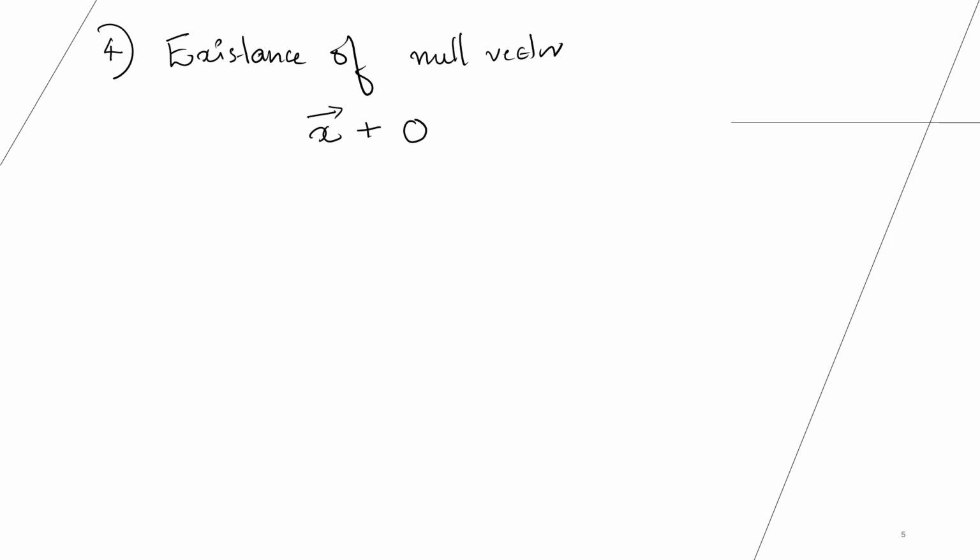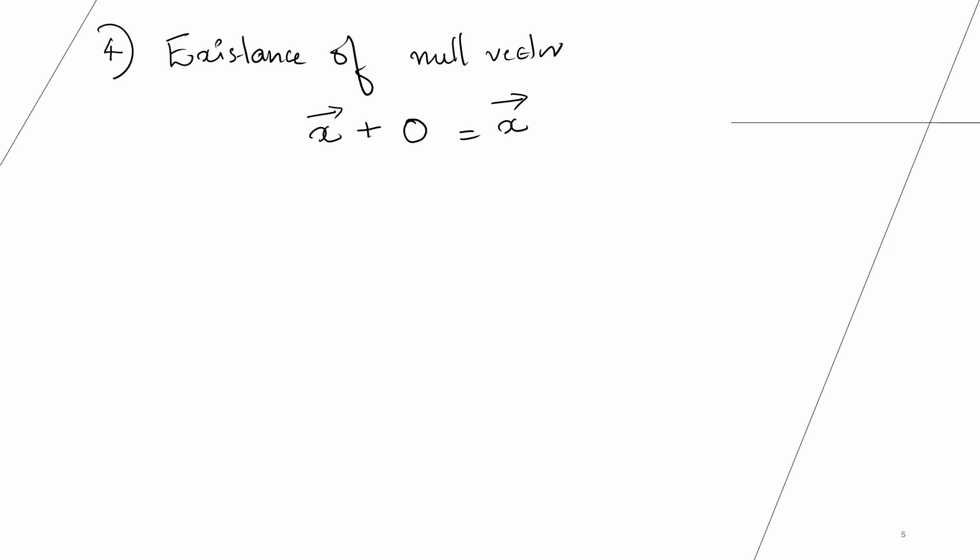Then the fourth property is the existence of a null vector. If x is an element in the linear vector space, then there exists a null vector that, if added to x, gives the same vector again.